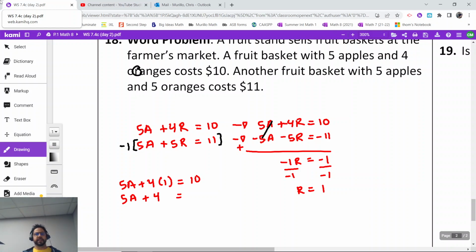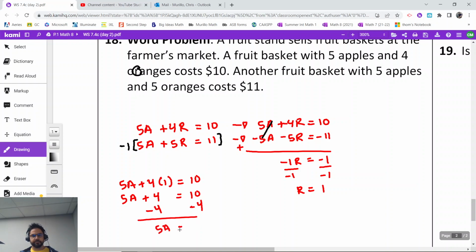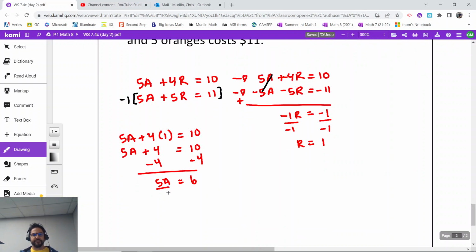All right, almost done. Trying to find the cost of an apple. Subtract 4. Divide by 5.